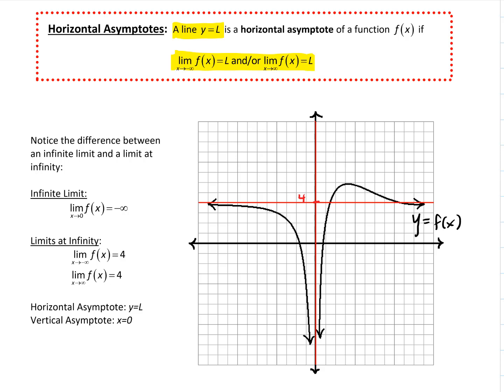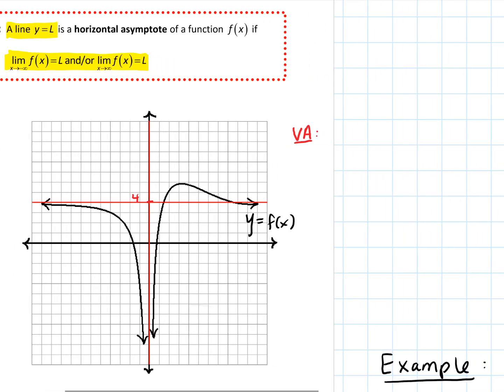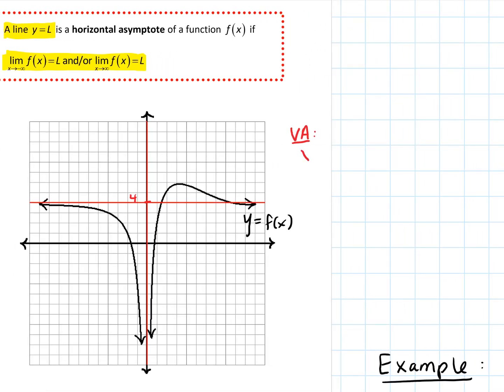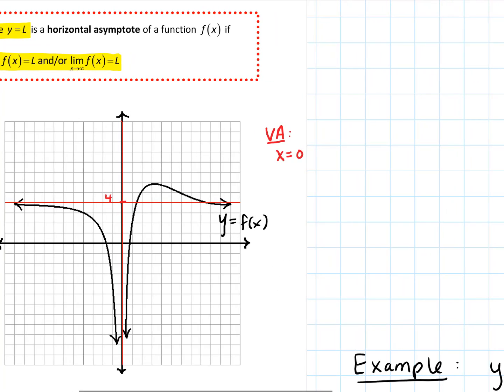When we look at this, we can see that there is both a vertical asymptote, which comes from our previous knowledge, at x equals 0, and that's because there is infinite behavior there. That's because we've got the limit as x is approaching 0 from both directions in this particular case. It wouldn't matter as long as there's infinite behavior, at least on one side, left or right.